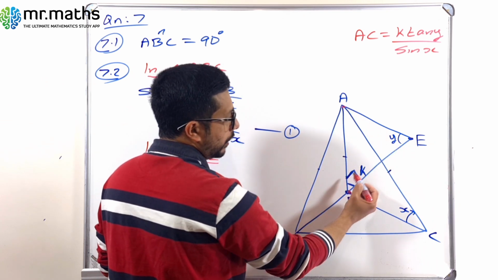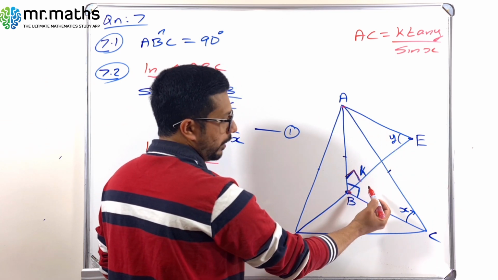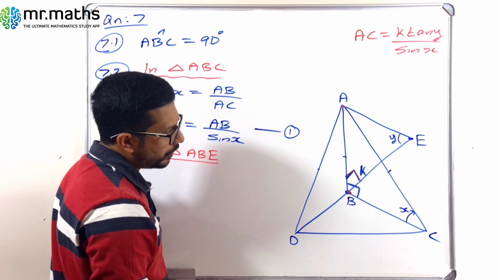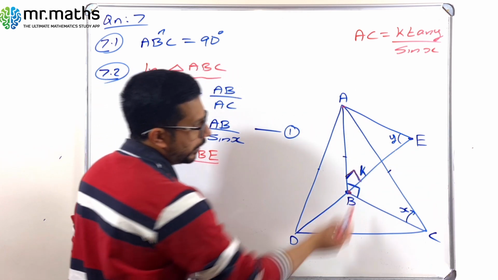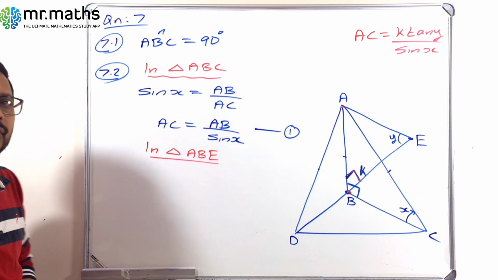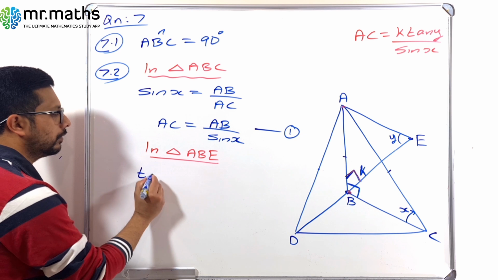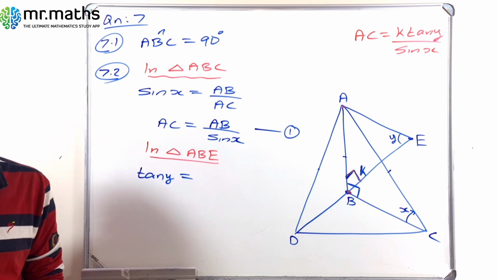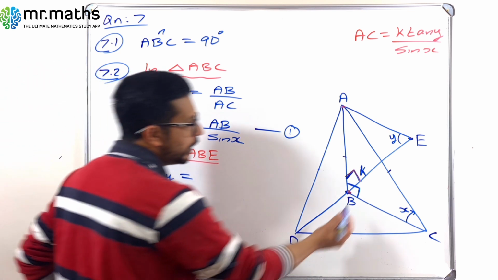This angle is 90 degrees in that triangle, so AE is the hypotenuse. So based on that triangle, what is tan Y? What is the definition of tan? Opposite side by adjacent side.